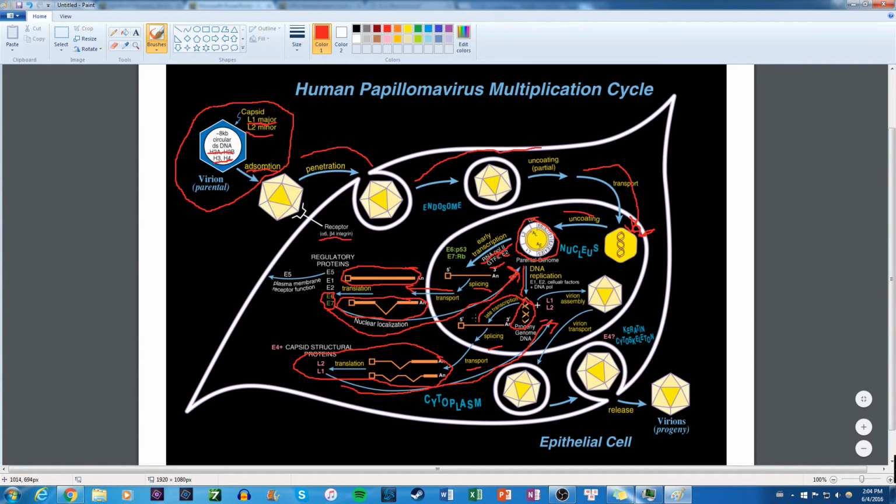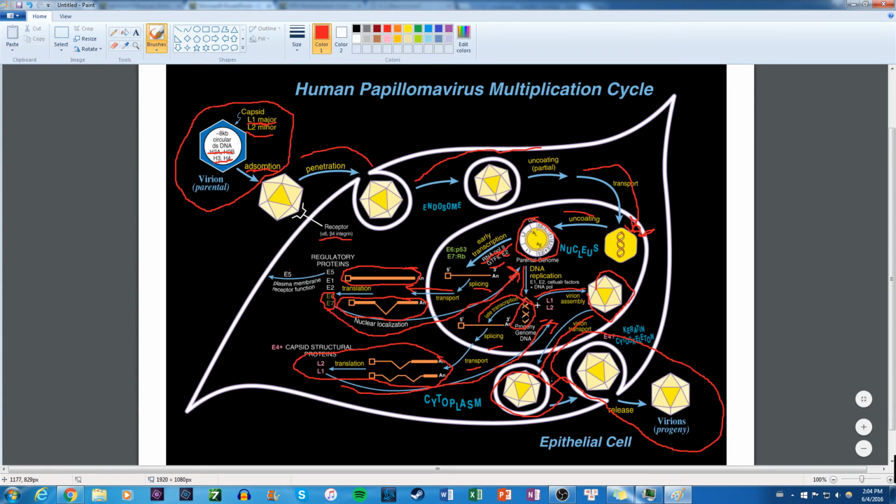So you have progeny DNA plus capsid proteins that were imported into the nucleus. And look, now you have your assembly. It gets exported out into the cytoplasm. It's enveloped for a while, and that envelope comes from the nucleus, and you have viral release.